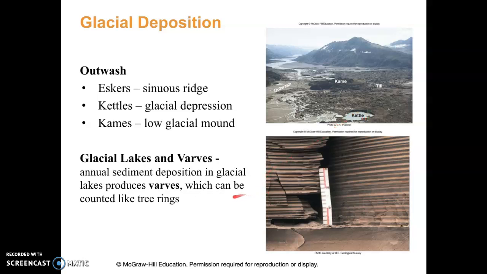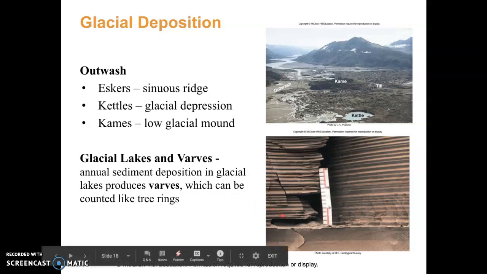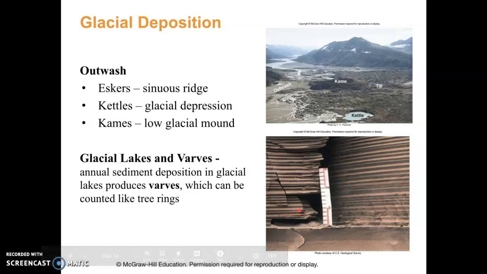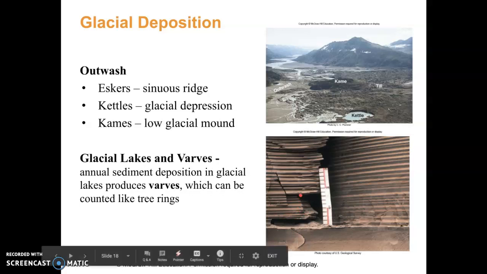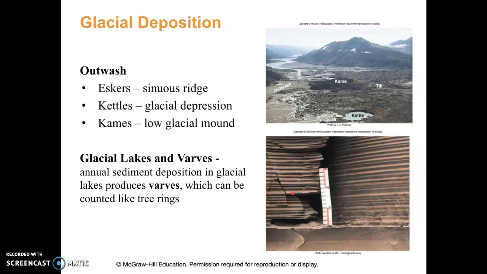And then glacial lakes and varves, they're a lot like tree rings, and they'll form these layers. When it's warmer, we'll have more water melting and flowing, and so these deposits will be thicker.